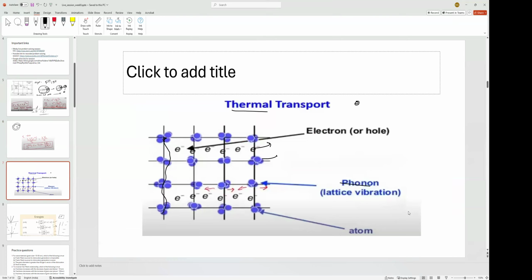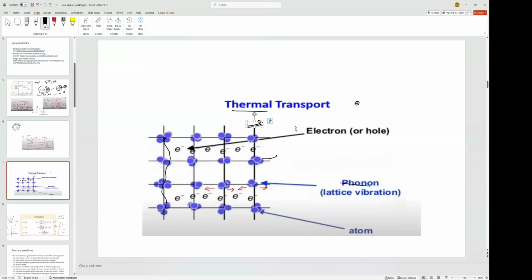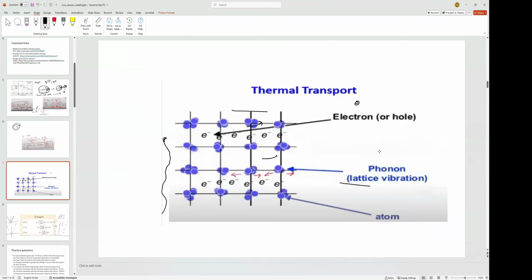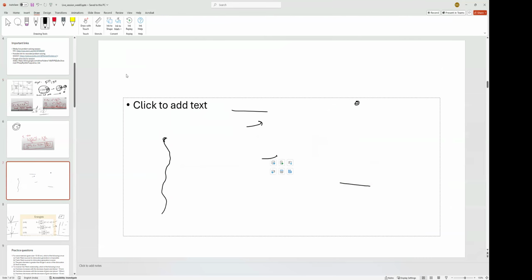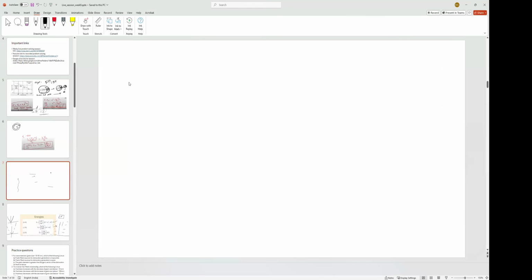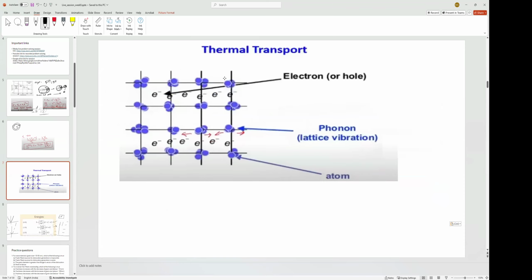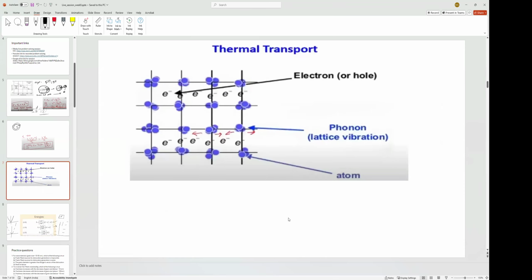Thermal conductivity. There are two main mechanisms for thermal conductivity in materials. First is electron, and second is phonon. So what can happen if we have a hot and a cold side?